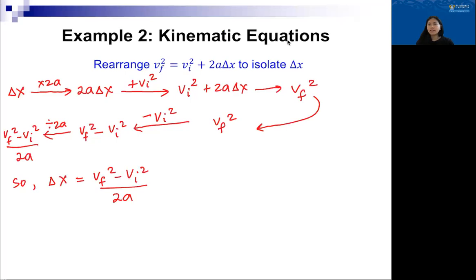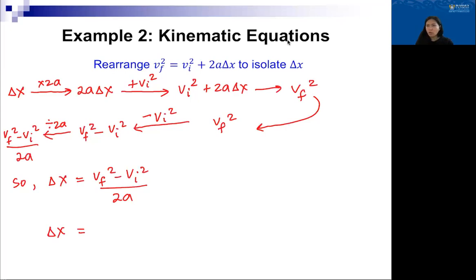All right. Good. Are we happy with this rearranging for delta x? Yeah. All right. Cool. I can see some thumbs up there. So let's solve now for delta x.